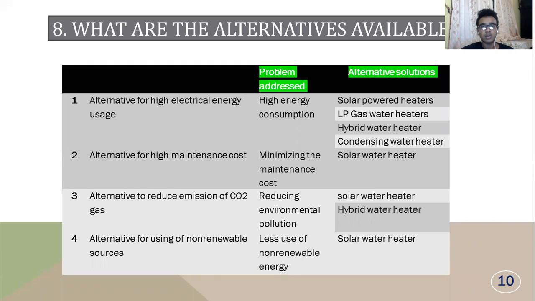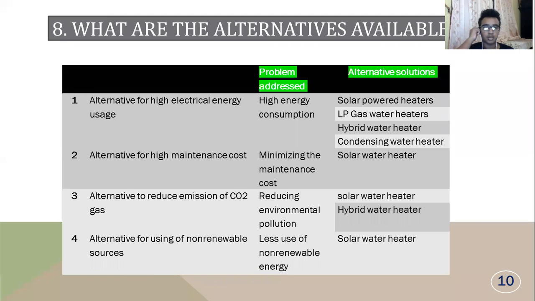This slide shows the alternatives available for electric water heater. And here, they are mapped with the problems addressed before. High energy consumption: there are 4 alternatives for high energy consumption, which are solar powered heaters, LP gas water heaters, hybrid water heaters, and condensing water heaters.